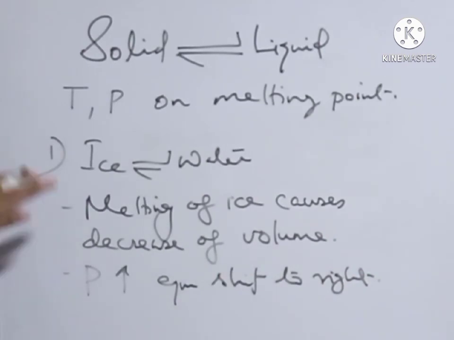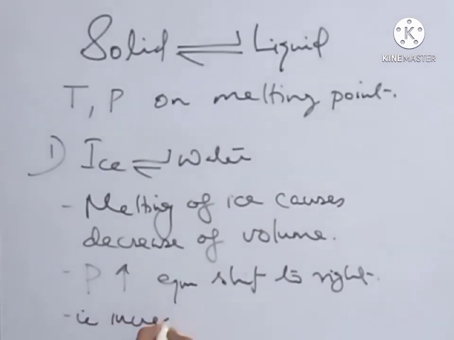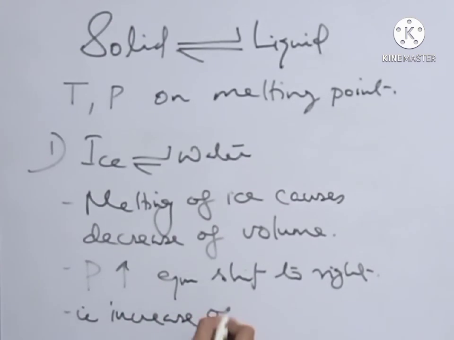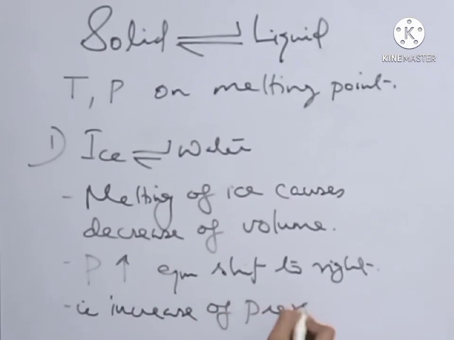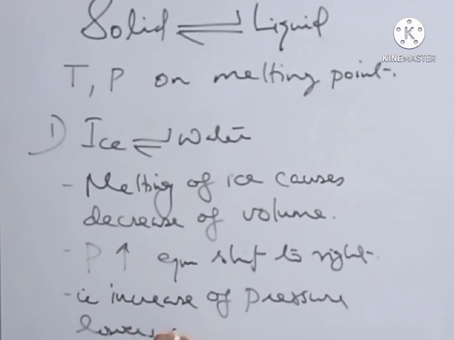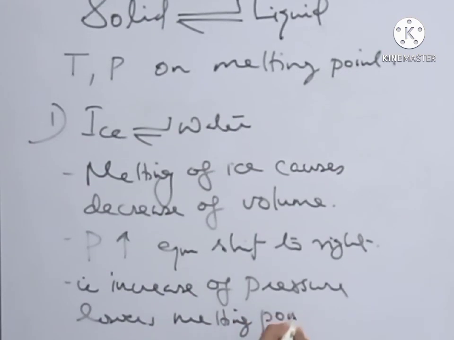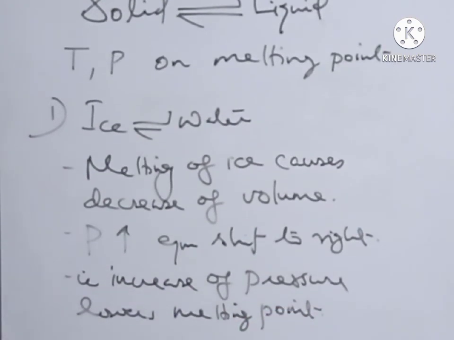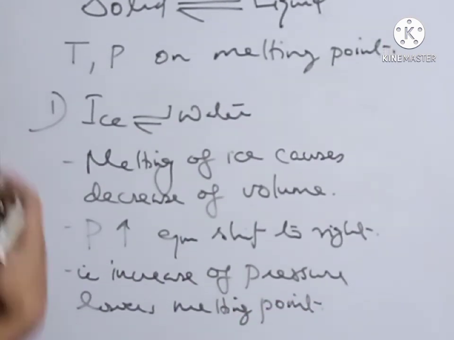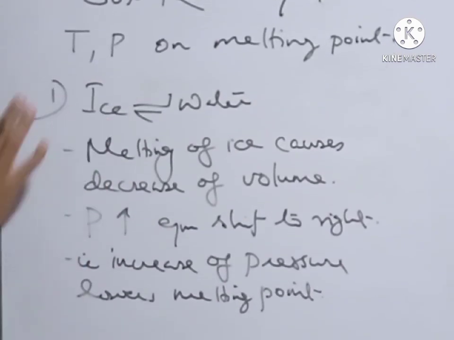That means the increase of pressure lowers the melting point. So if we want to retain the equilibrium, we have to lower the temperature of this system.